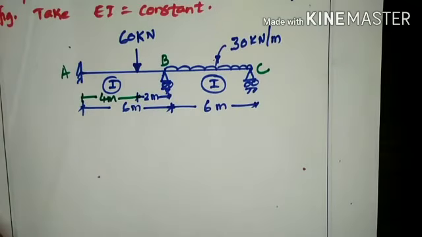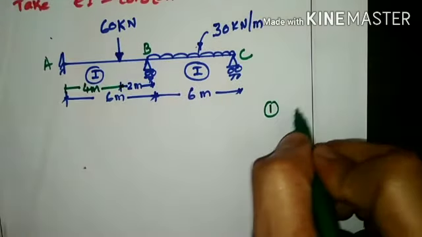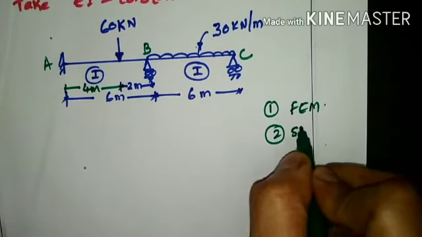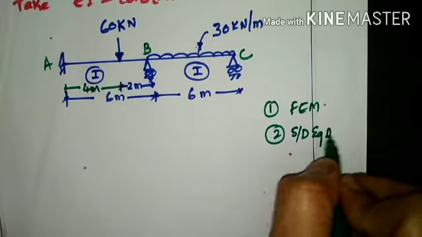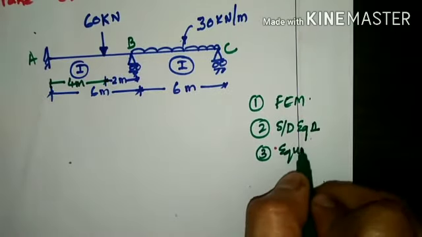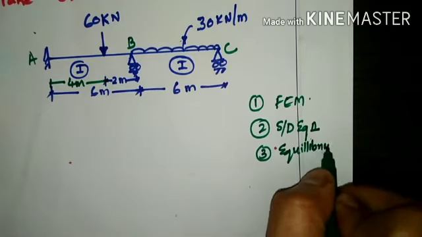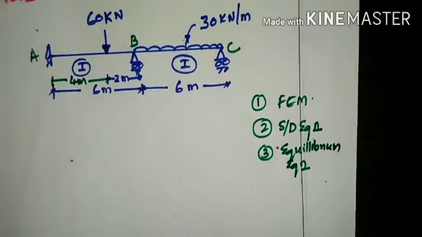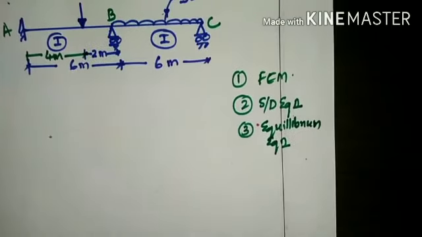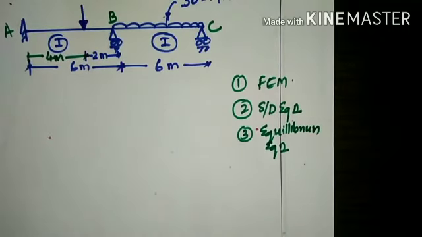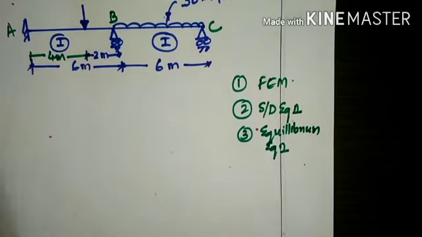To begin with the calculation, there are a few steps that we need to follow. First, we need to find the fixed end moment. Next, the slope deflection equation. Later, we need to impose the equilibrium equation, where we are supposed to find the slope, at whichever support is not fixed. Wherever we have a fixed support, automatically the slope at that point will be 0.